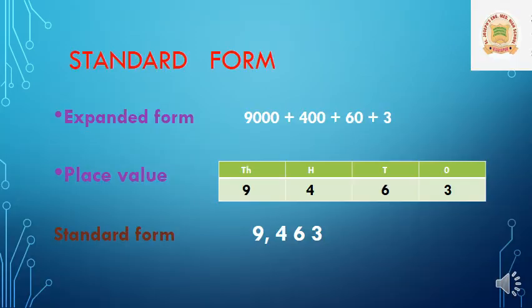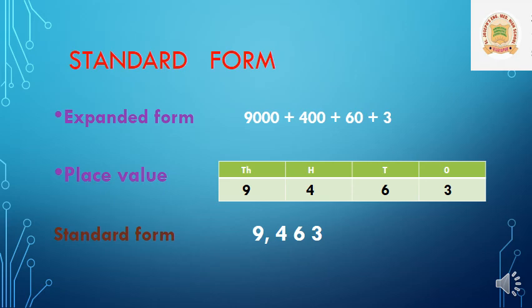Now I'm going to show you how to form a standard form. For standard form, you have already learned how to write expanded form and place value. So that is the bridge for standard form. In expanded form, you have 9000 plus 400 plus 60 plus 3. You have to keep those numbers in the place value chart. 9000 means on the thousands place 9 will come. 400 means on the hundreds place 4 will come. 60 means on the tens place 6 will come, and 3 is on the ones place.